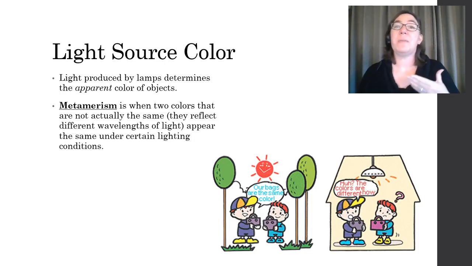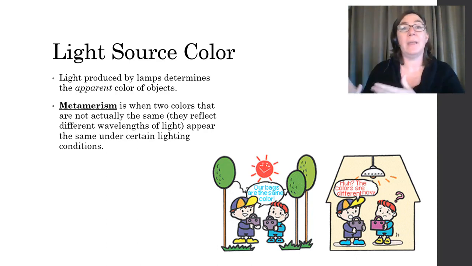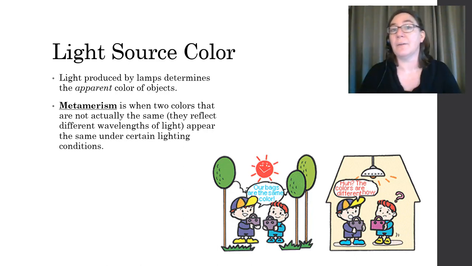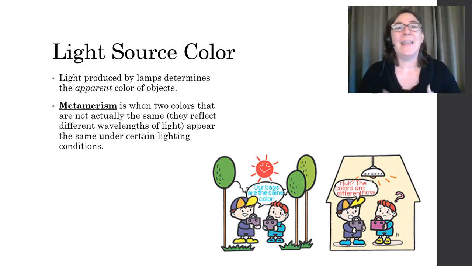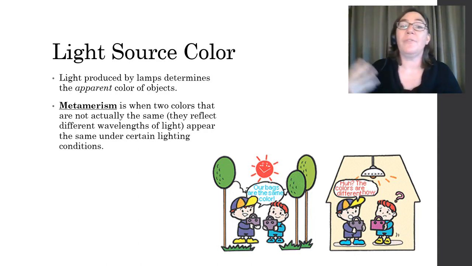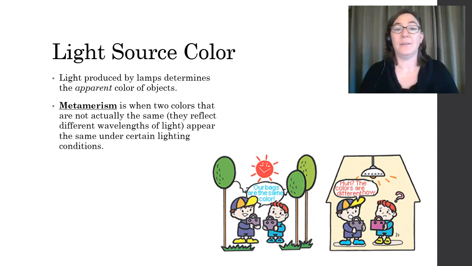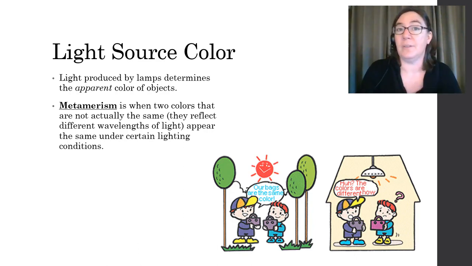Colors can also appear different under different light sources. So light produced by specific lamps will determine the apparent color of the items. And this is a fancy word that you don't need to remember, but it's called metamerism. It's when two colors are not actually the same. They will reflect different wavelengths of light. But in a specific lighting condition, they do look the same.